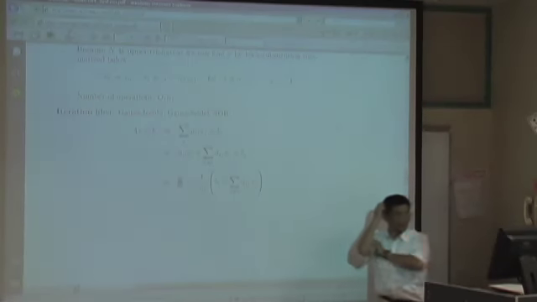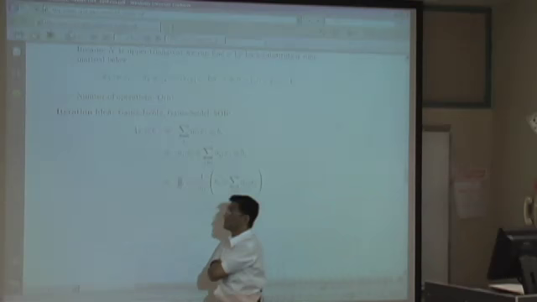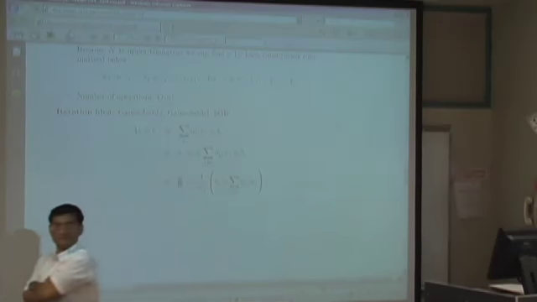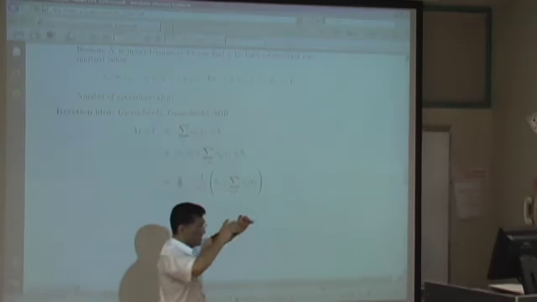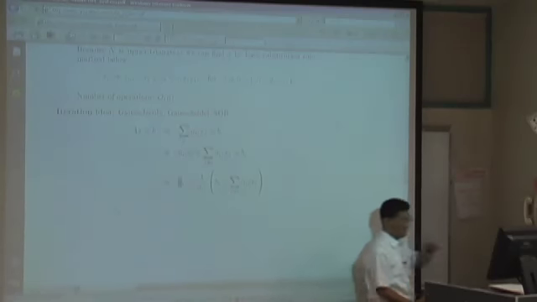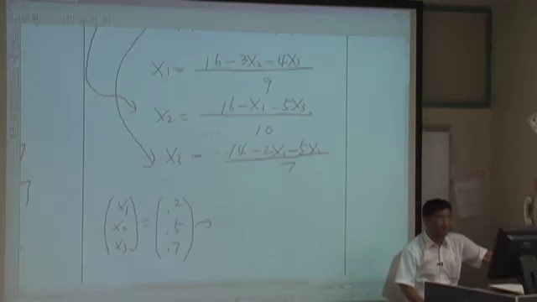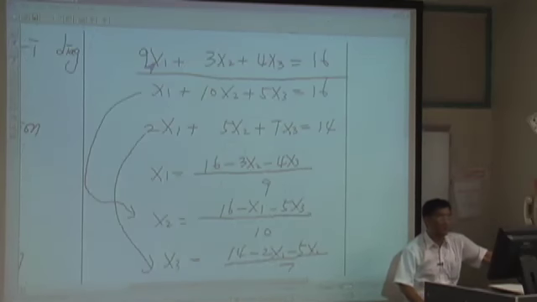This is called the Gauss-Jacobi method. Let's return back to my note. Initially we had the equation, and from it we extract x1: 9 times x1, and x1 is described by the others. Here I extract x2, and x2 is described by the others. And x3 is also described by the others.